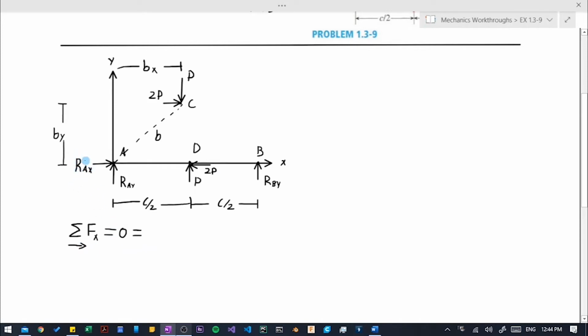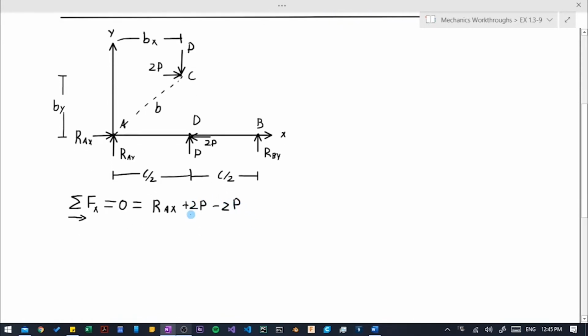So first we have our support reaction in the x direction, and it's in the same direction as positive, so we keep it positive. And then we have this force right here, this 2P, and it is also positive. And finally, we have this 2P right here, which is acting in the opposite direction, so we subtract it.